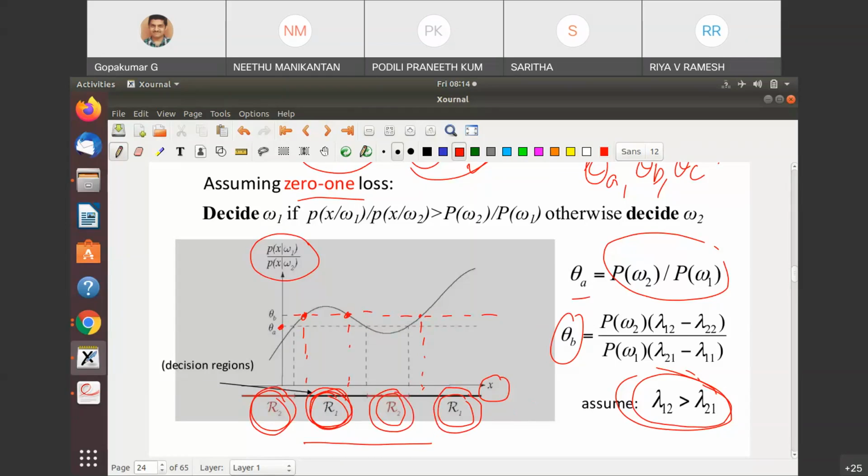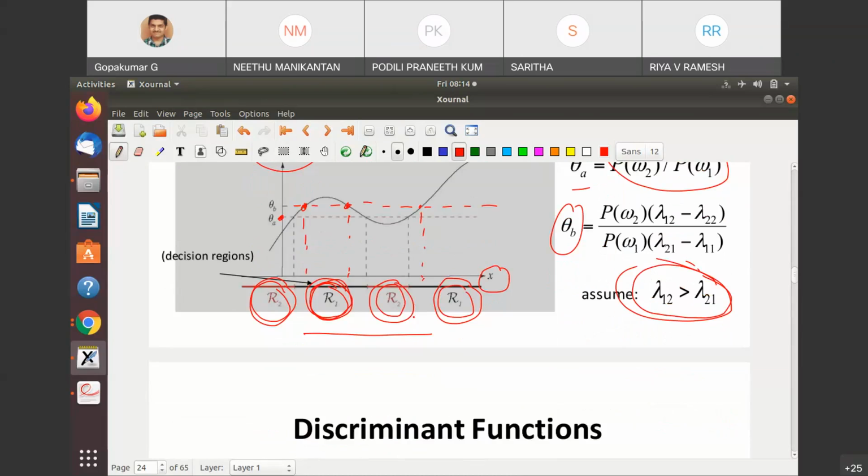So that way it is possible for the decision regions; they need not always be contiguous in shape. So these are a few things that we can analyze based on this likelihood and other things.